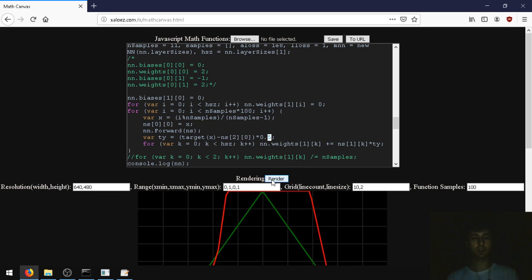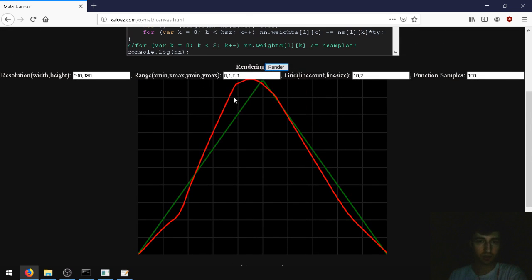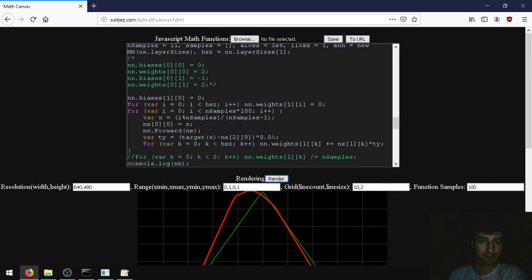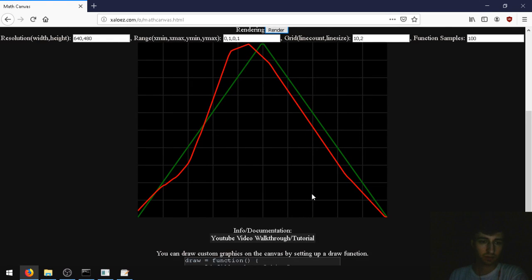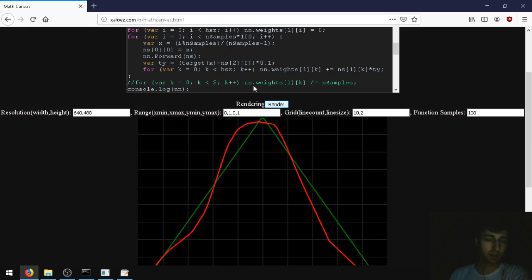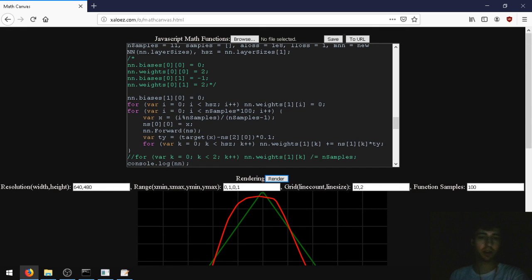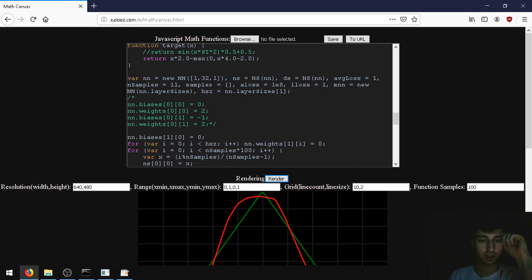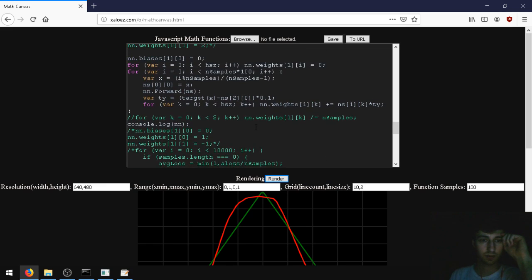But I also understand how setting it to a low value like this causes it to not completely fit. There should still be a better way of training this. I don't know.